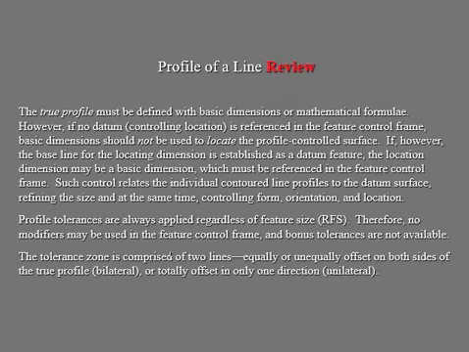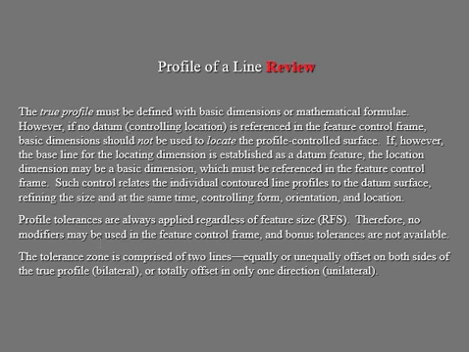Okay, then we come into our review. The review is that your true profile has got to be defined by using the basic dimension. So that's your mathematical formula. We have already seen that. The most important thing is right here, which is that your profile tolerance is always applied regardless of feature size. So therefore you don't need the modifiers.